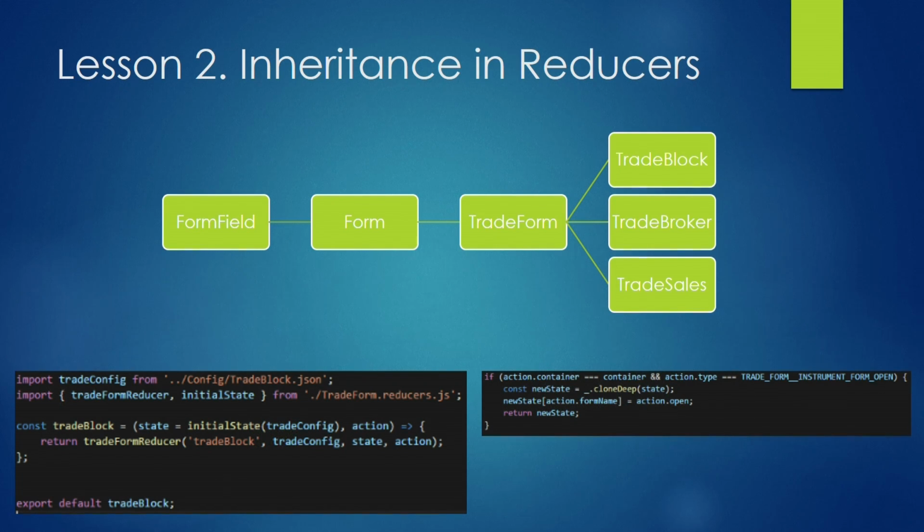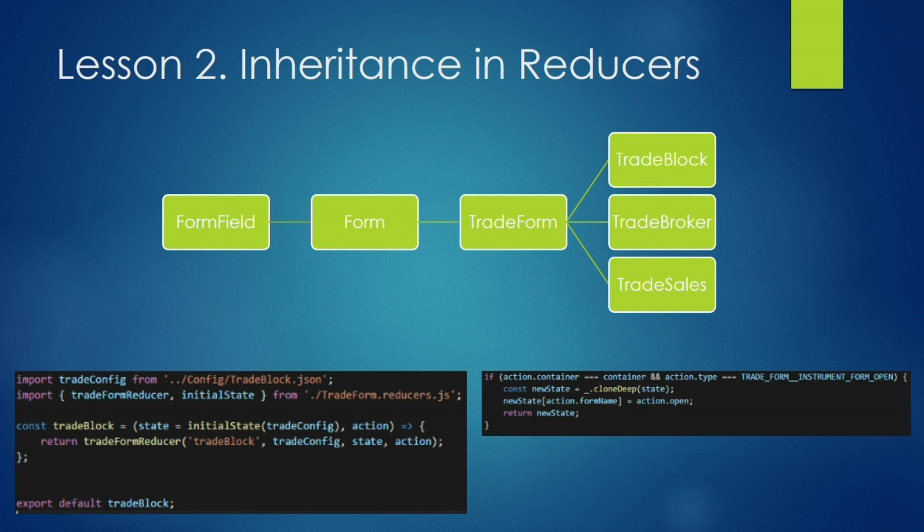Like this is the reducer of trade block, just calling the trade form reducer, saying that I called it from trade block. And then that one is just calling the form reducer, saying I call it from trade form, but it was called from trade block. And then in the end, you actually do the changes. So this one extends that reducer.